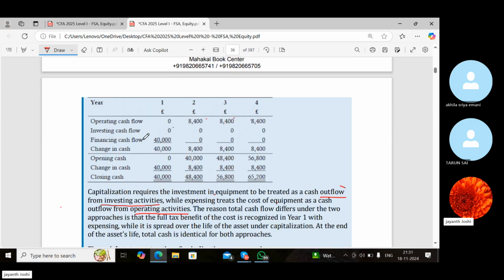So here there is a financing cash flow because the capital has been raised, right? Capitalization. While expensing treats the cost of equipment as cash outflow from operating activities. We have to check the 8,400, where they are getting it from.